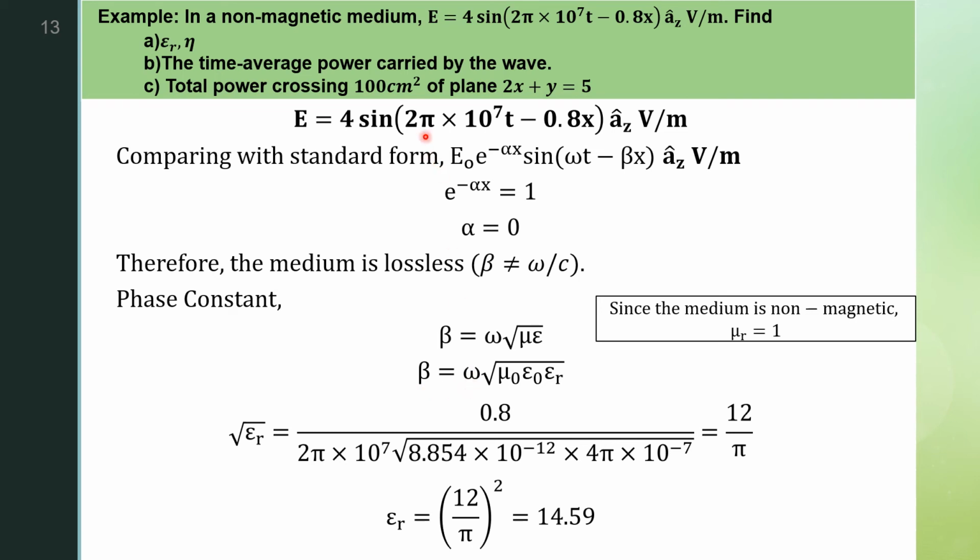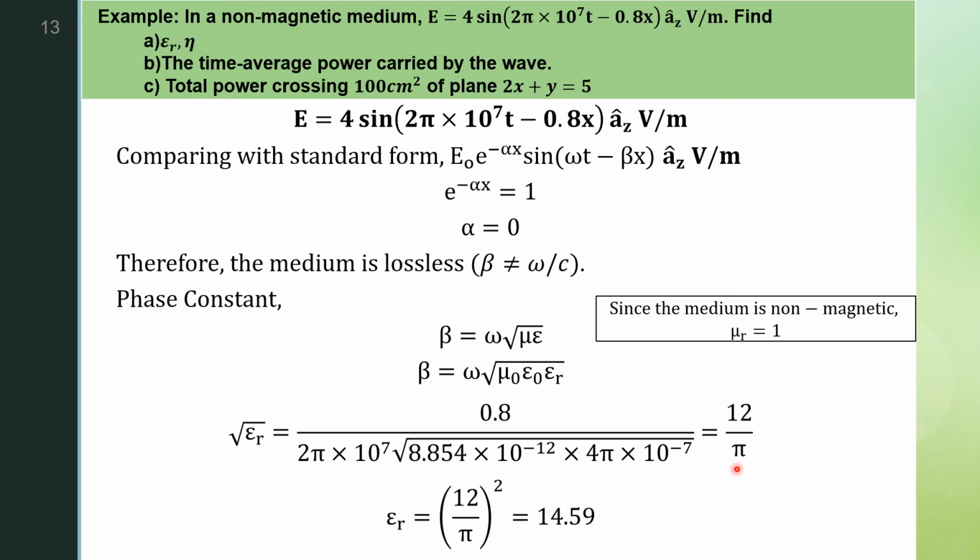Omega value is 2π into 10 raised to 7. That is also known to us. Mu 0, epsilon 0 value we know. So the only unknown here is epsilon r. So let's try to find epsilon r from phase constant beta. So we will get root of epsilon r is equal to 0.8, that is beta, divided by omega, that is 2π into 10 raised to 7, root of mu 0 epsilon 0, where mu 0 is 4π into 10 raised to minus 7 and epsilon 0 is 8.854 into 10 raised to minus 12.